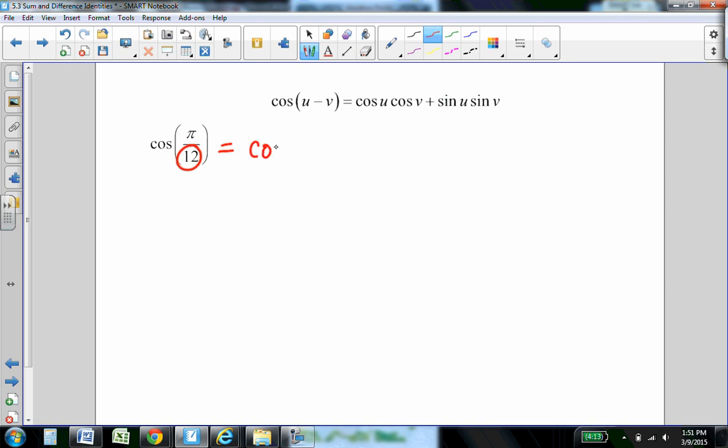For example, it could have been 4 pi over 12, which, remember, that's just pi over 3, minus 2 pi over 12. In this case, you have 4 pi over 12 minus 2 pi over 12, that's 1 pi over 12, exactly what you get.